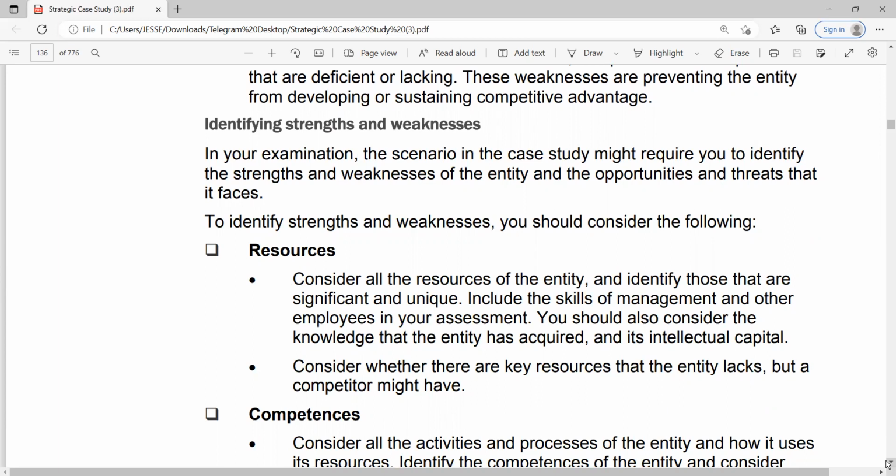You should consider the following. Number one, for resources, you have to consider all the resources of the entity, and then you identify the ones that are unique.